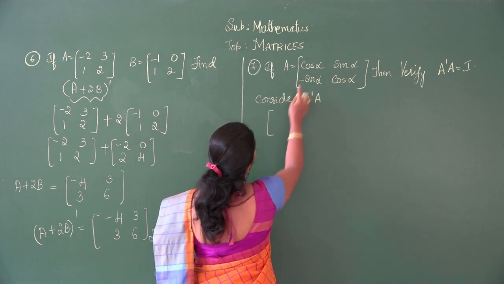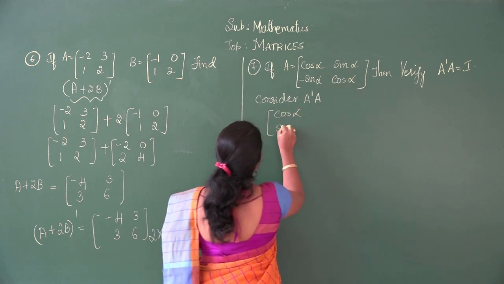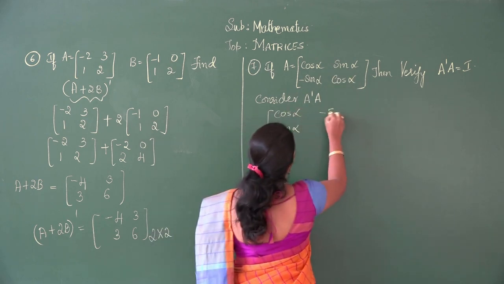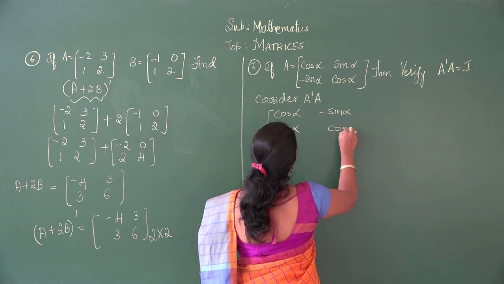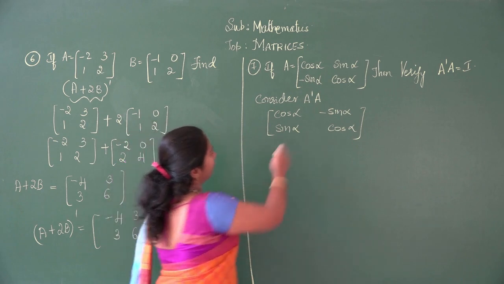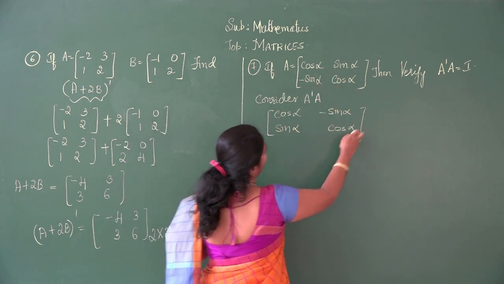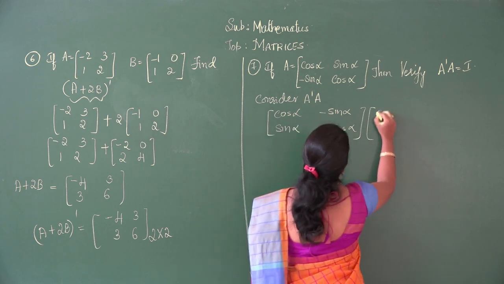What is A dash? This is cos alpha, sin alpha, minus sin alpha, cos alpha. This is A dash. The first row becomes the first column, the second row becomes the second column. What is matrix A?